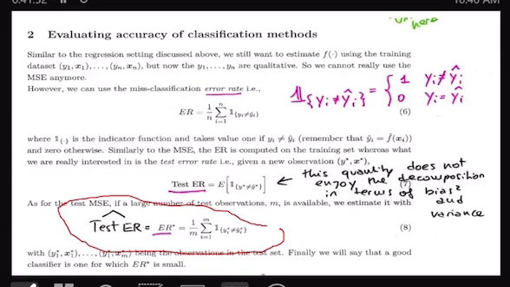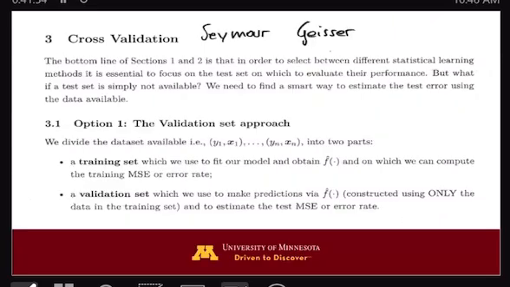Now I want to go to different types of cross validation. I'm going to discuss 3, and I need you to pay attention here. It's becoming critical now. There are 3 different types of cross validation in statistical learning.